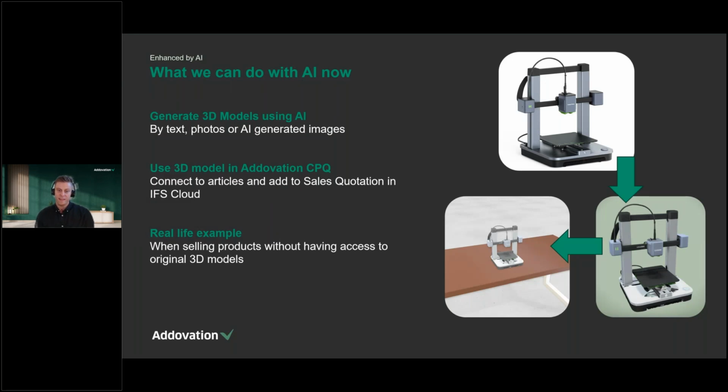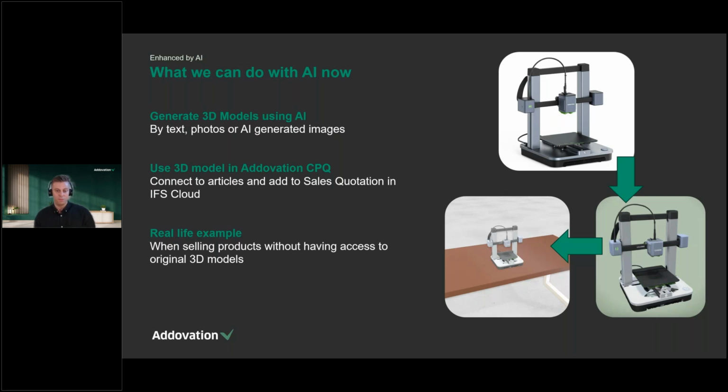We can do that either by explaining to the AI what we want using text, or, as I've done on these images, by providing the AI with an image of the object that I wanted to generate a 3D model of. The first image is the picture that I provided to the AI, and the second image is what the AI created for me.